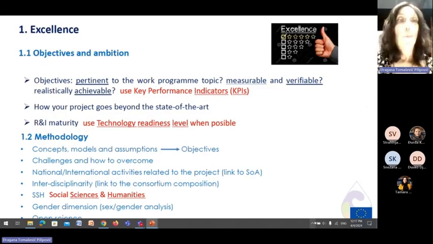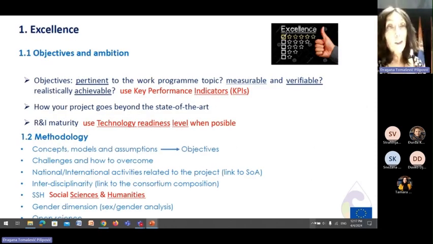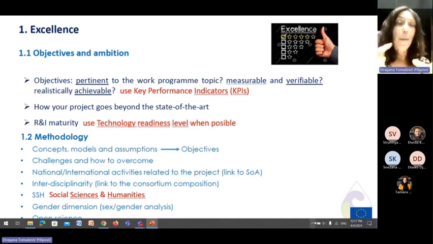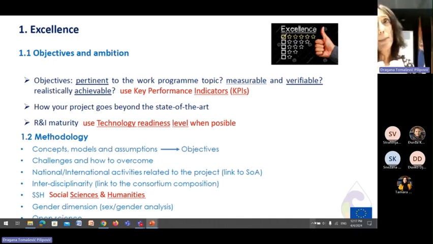Right. So the first section is excellence. This is taken from the template, and it is a summary of the instructions that you have in the template. Objectives and ambitions: you have to define your objectives.